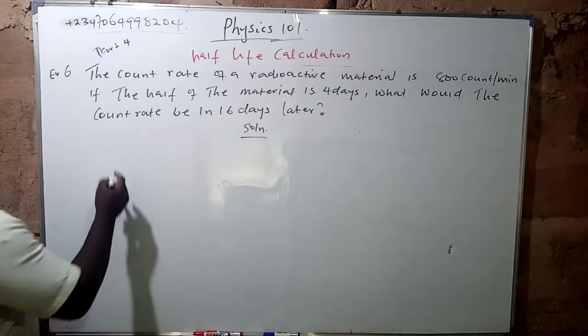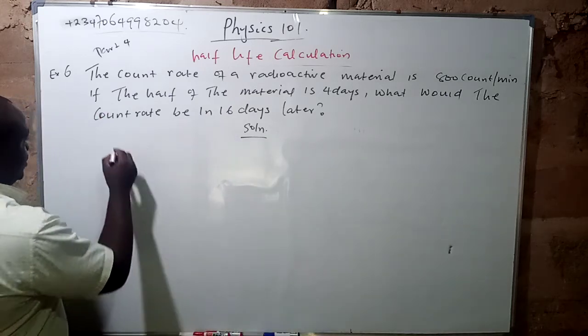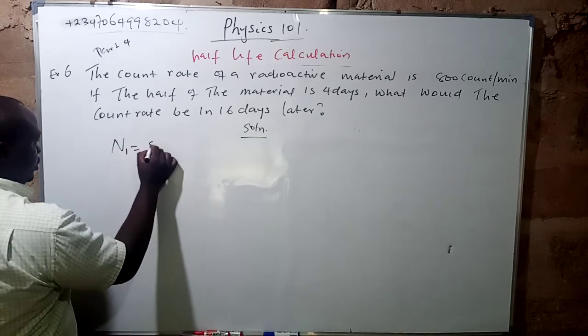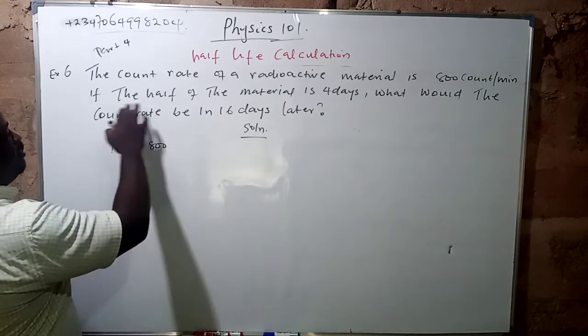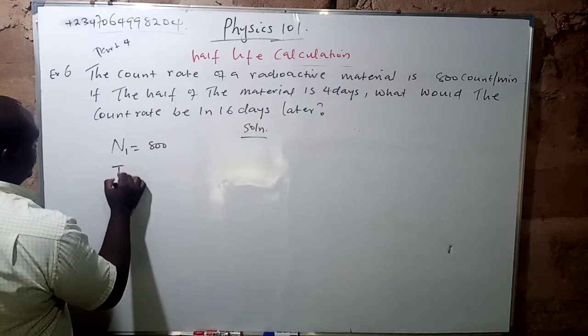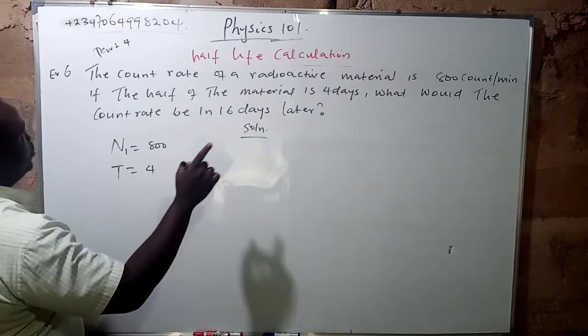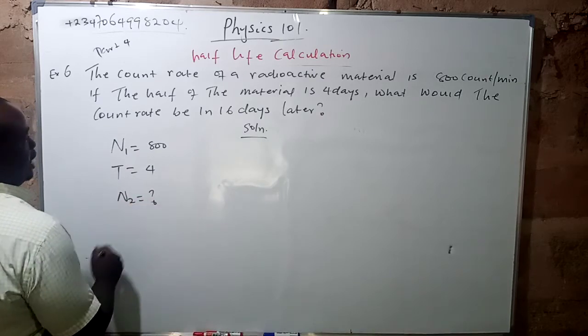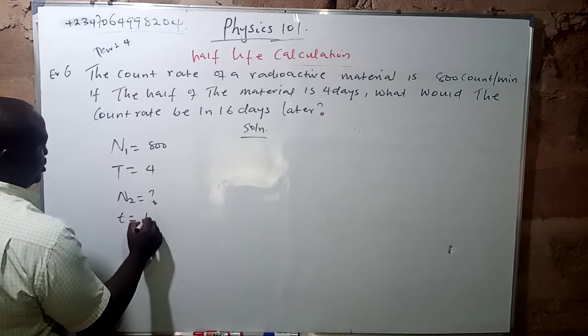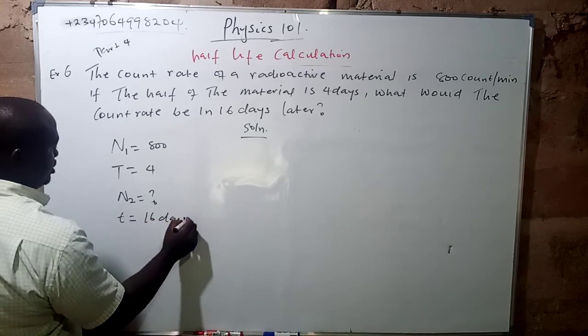And so the count rate of a radioactive material, which is your N1, is 800 counts per minute. If the half-life of the radioactive material, so your capital T is 4, what will be the count rate? They want you to calculate the N2, right? And you're already given your t to be 16 days, right?